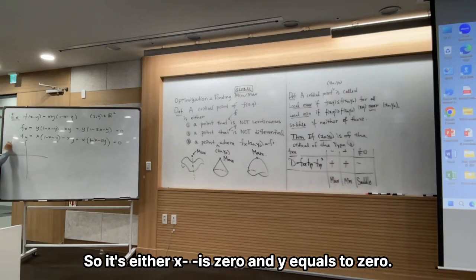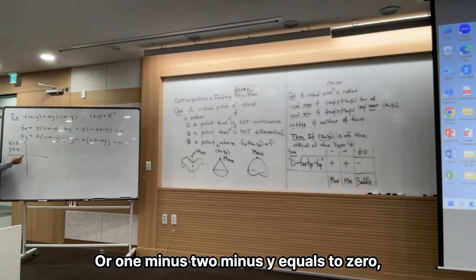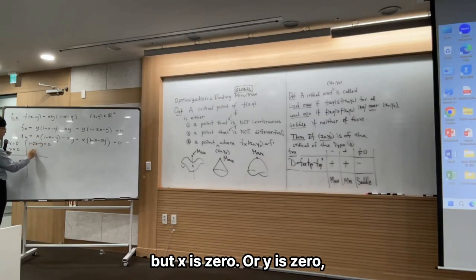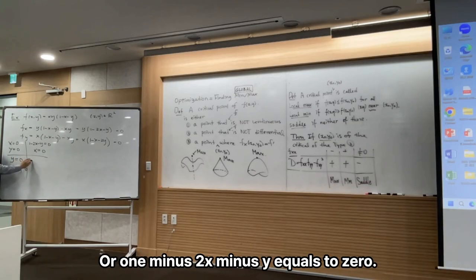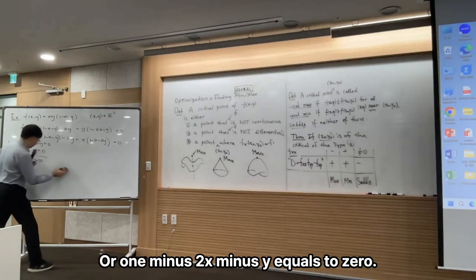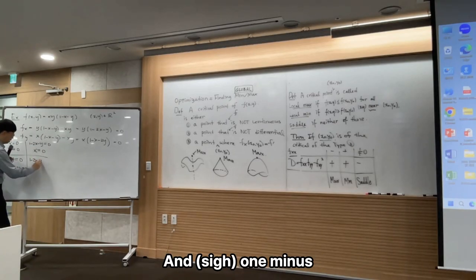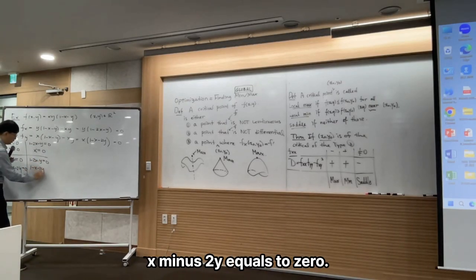So it's either x is 0 and y is 0, or x is 0 and 1 minus x minus 2y equals 0, or y is 0 and 1 minus 2x minus y equals 0, or 1 minus 2x minus y equals 0 and 1 minus x minus 2y equals 0.